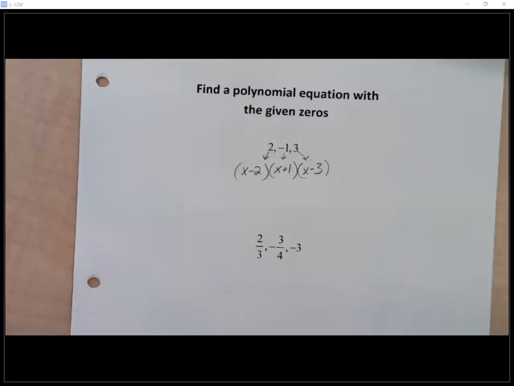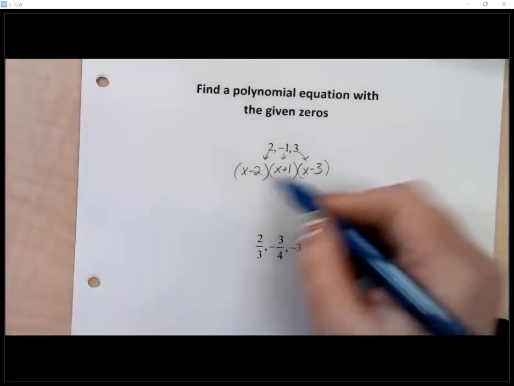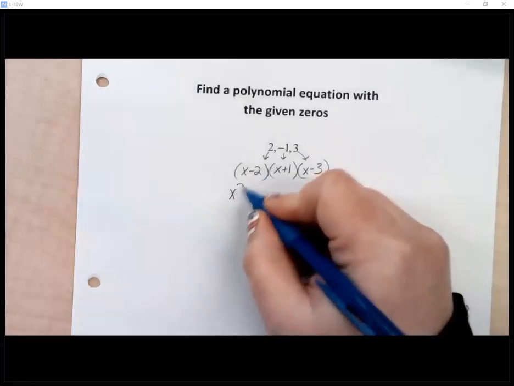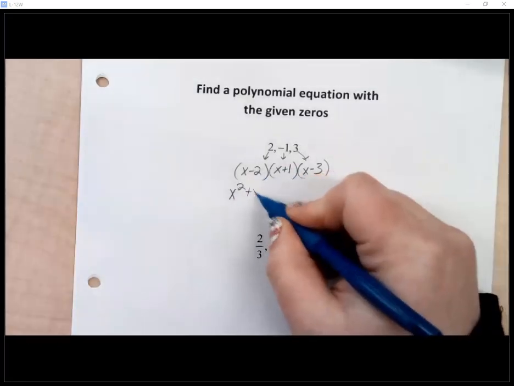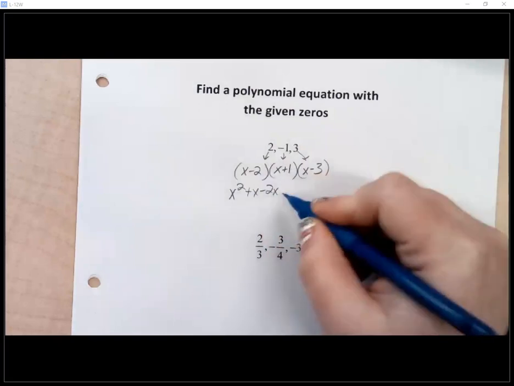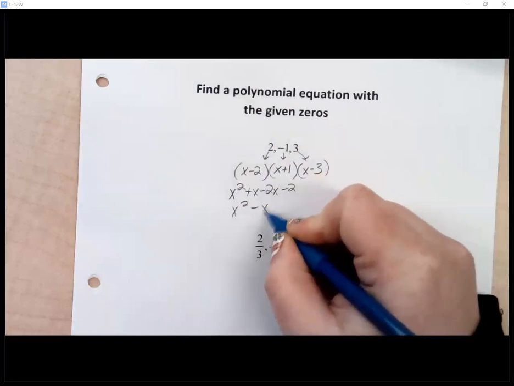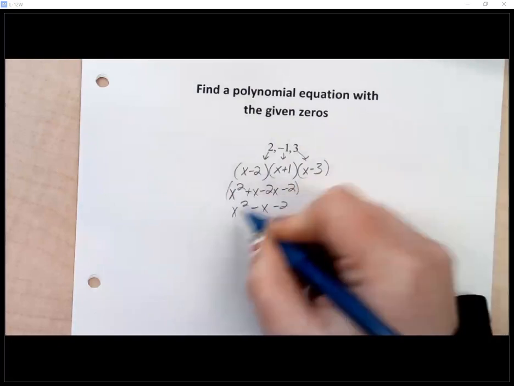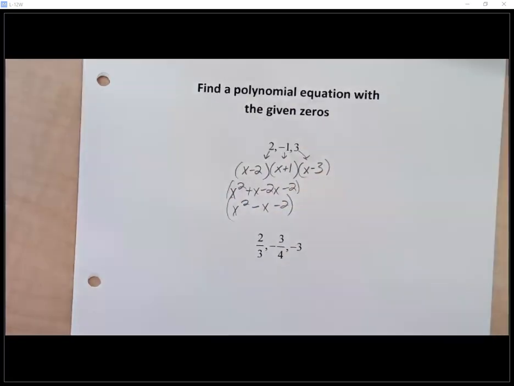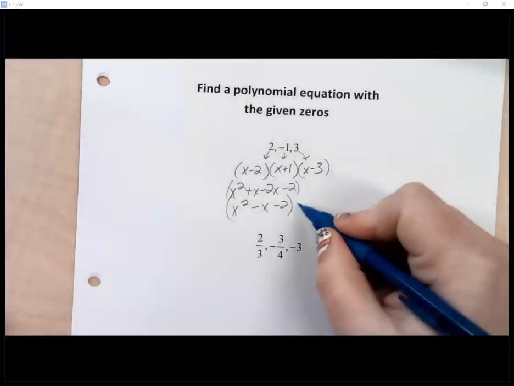Okay, so I'll just FOIL the first 2 together. Is that okay so far? So just multiply 2 of them together. And now I just have to take that and multiply it by the x minus 3.